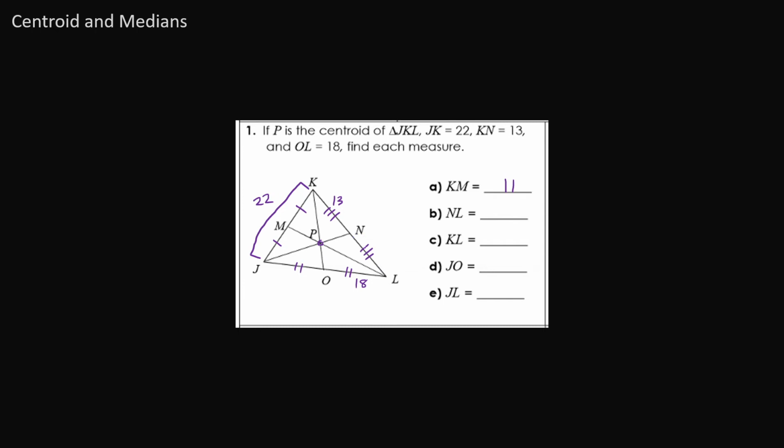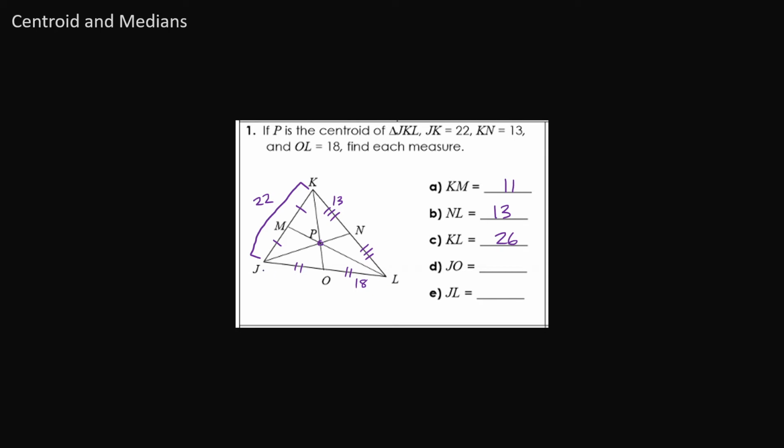Next, NL. NL I know is going to be congruent to KN. If KN is 13, that means NL is 13. KL. To find that, we need to know that KL is basically double KN. So 13 plus 13, that's going to give us 26. JO. JO is congruent to LO.